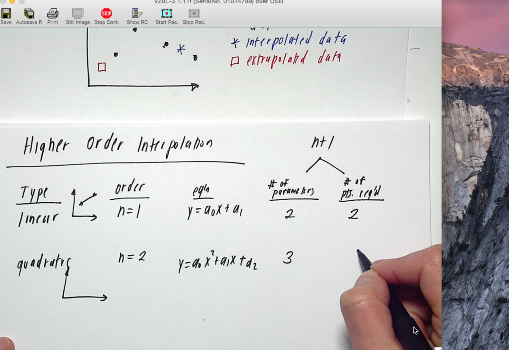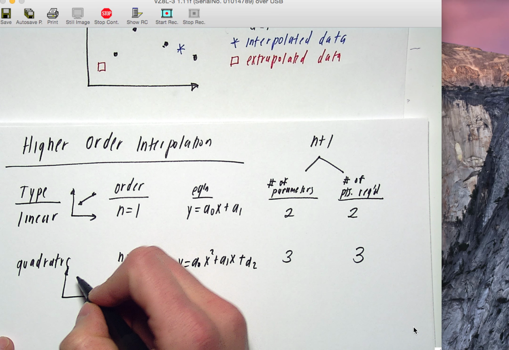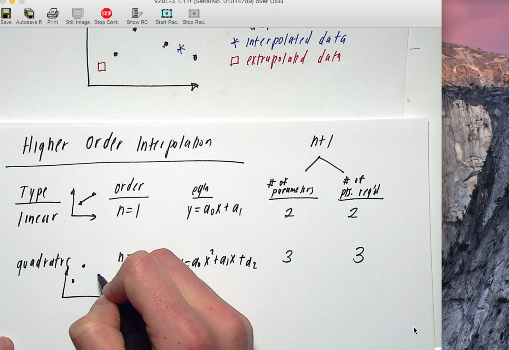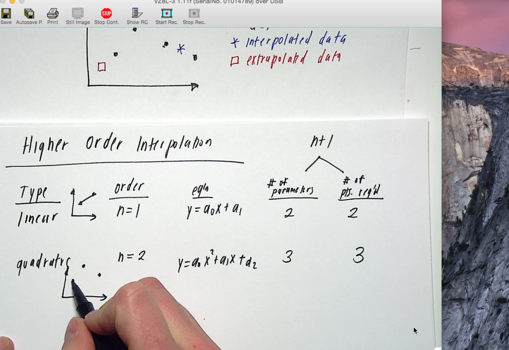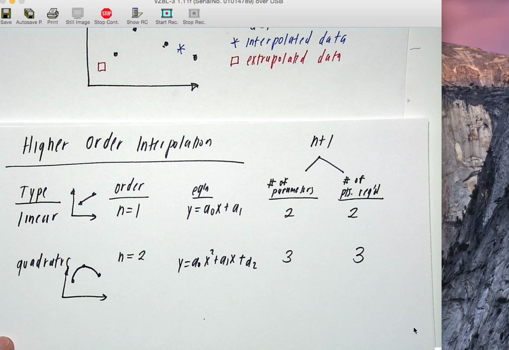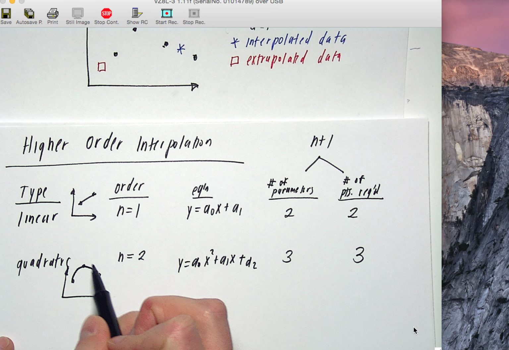You have 3 unknowns, so now you need 3 points. A quadratic interpolation function would first create a fit between the 3 points, and then you could find an x star anywhere along that line.